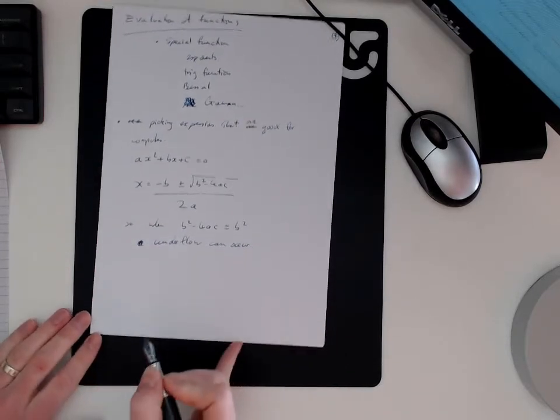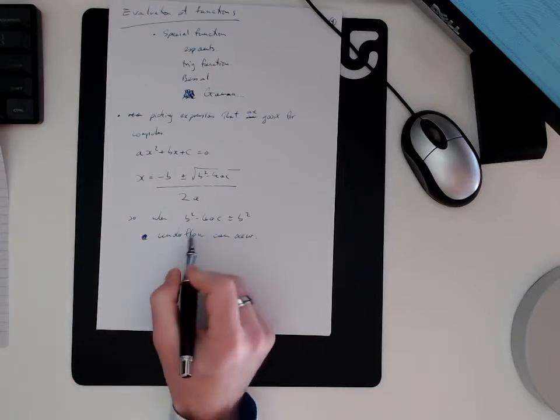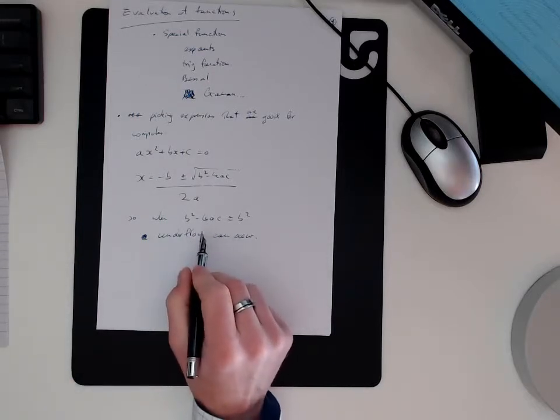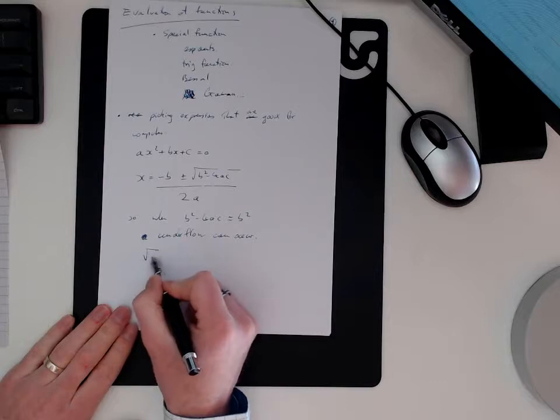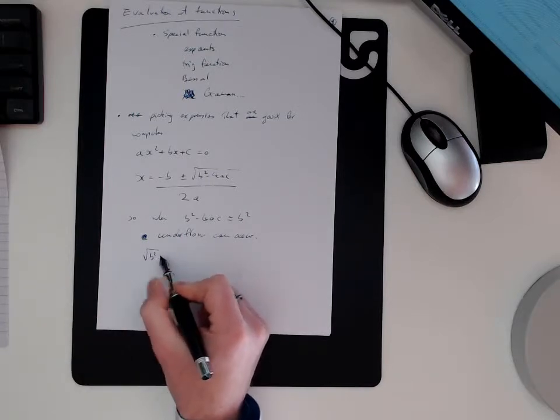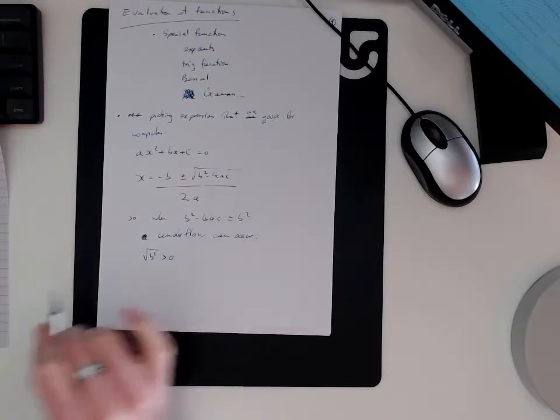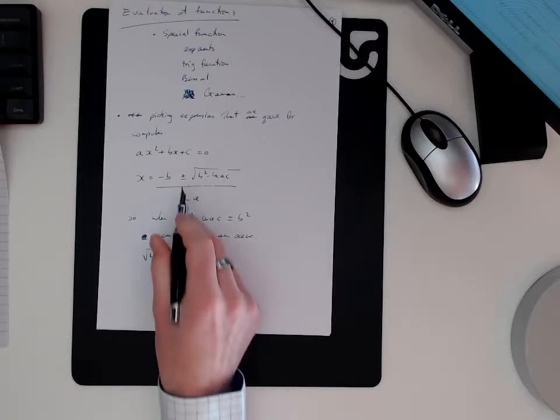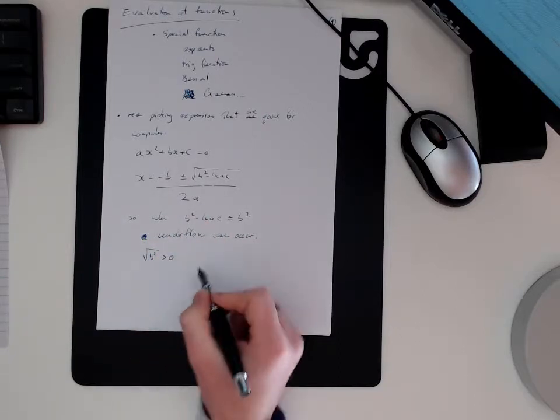So that causes a problem, and you want to avoid it. Importantly, only one of these expressions will have underflow. We're always going to choose the positive square root.